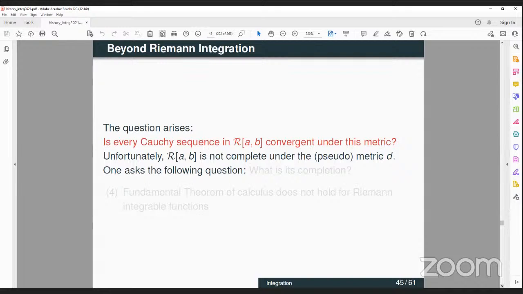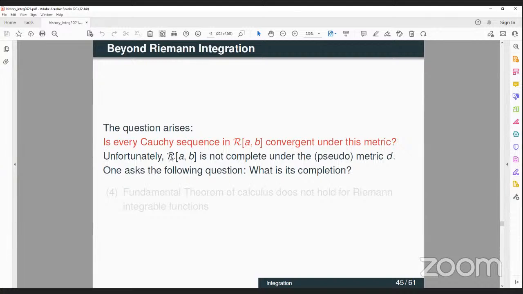One can construct examples. But then there is a theorem in metric spaces that every metric space can be completed. For example, the rational numbers are not complete, but you can complete them by putting them inside a bigger ordered field, where they sit as a dense set. So here the question is, what is the completion of R[a,b], the space of Riemann integrable functions, which is a metric space that is not complete?